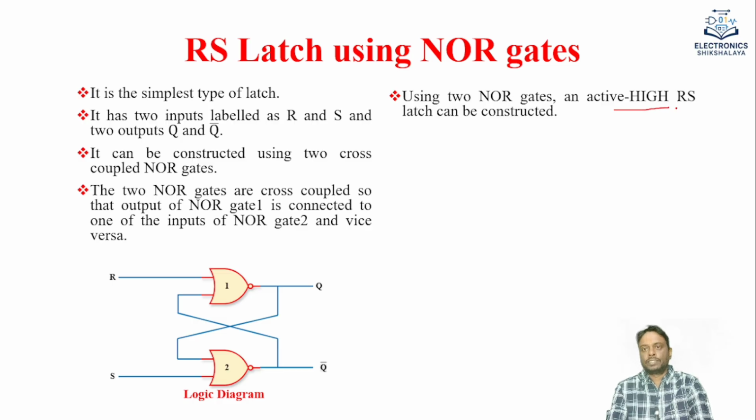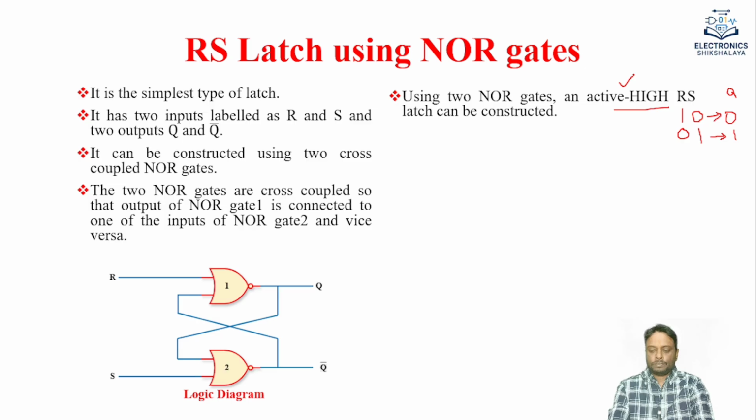If R is high, that is 1, and S is 0, it will reset the latch and the output Q equals 0. If R is 0 and S equals 1, it will set the latch, meaning Q will be 1. So the active high value of R is used to reset the latch, and the active high value of S is used to set the latch. That is why it is known as an active high RS latch.